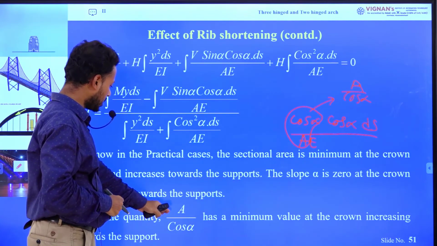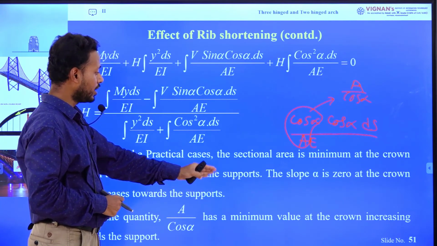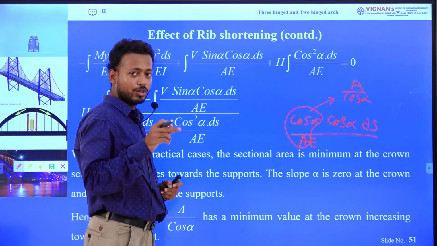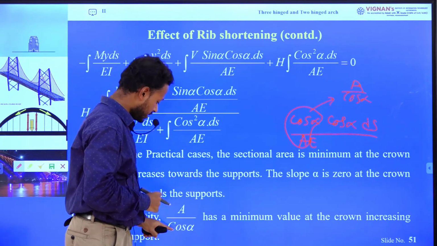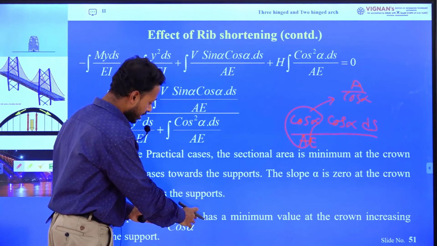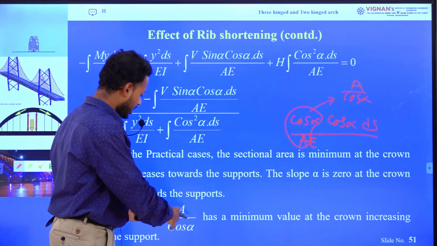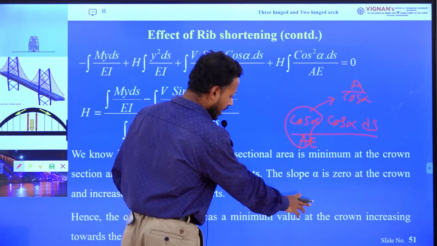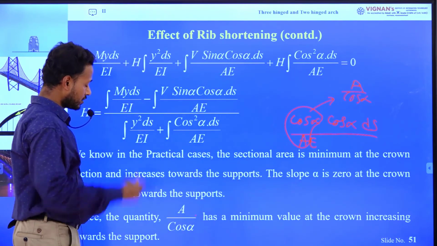Let us discuss this term. A by cos alpha has minimum value at the crown, because at the crown cos alpha is maximum. If cos alpha is maximum, this term will be minimum. So a by cos alpha has a minimum value at the crown and increases towards the support.